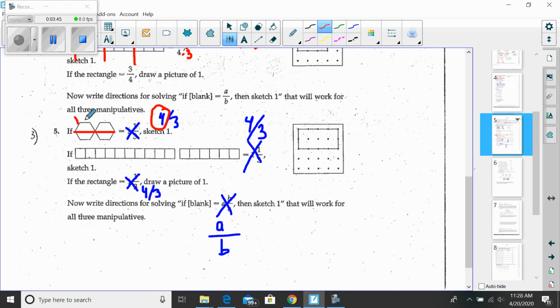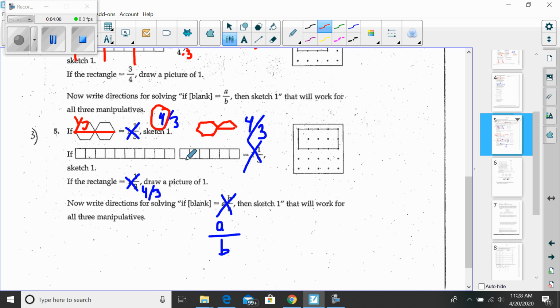So each of these trapezoids is a third, and I see 4 of them. Therefore, to sketch a whole, I would need 1 trapezoid and then another half. That would represent the whole because there would be 3/3.